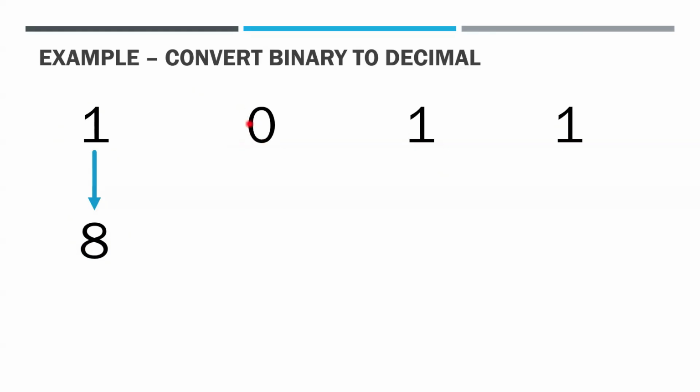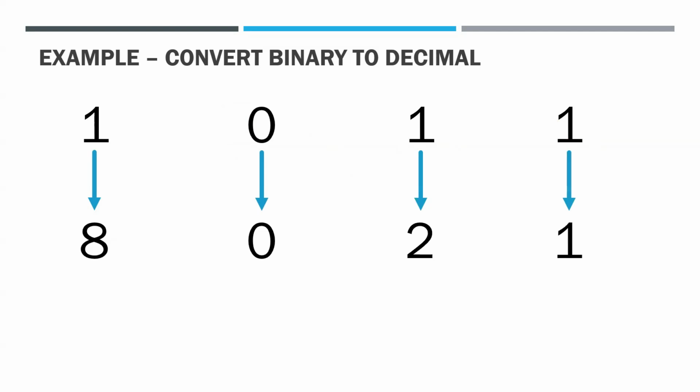Okay, this next place, which would be the fours place, is a 0, right? So that represents a 0, regardless of the base. It would be a 0 in base 10, a 0 in base 16. It's a 0 here. This next place is the twos place. So that's a 2. And then, of course, we've got a 1 here in the ones place.